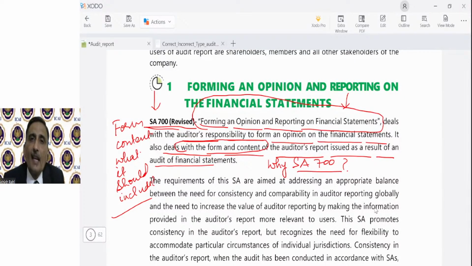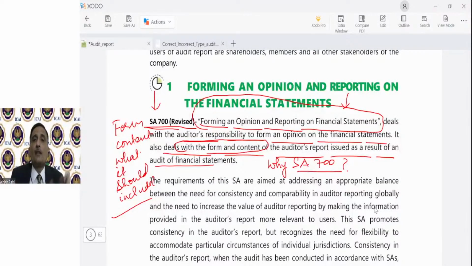Then what is the need of an SA on the expression of opinion? Guys, it is very important, because finally, what is the document which proves that the audit has been conducted, and which is the final outcome of the audit process? So how does SA 700 help?